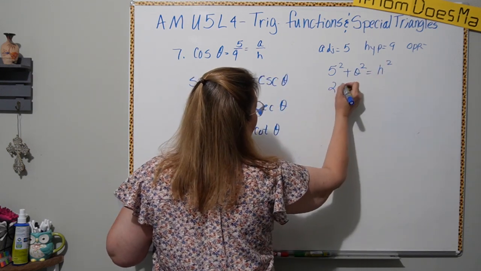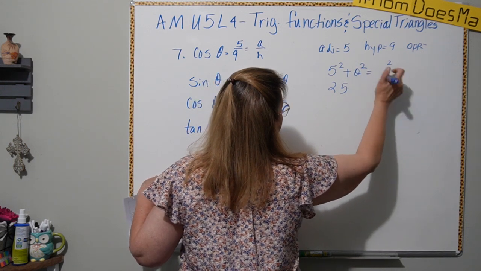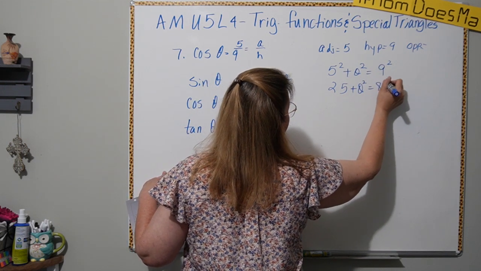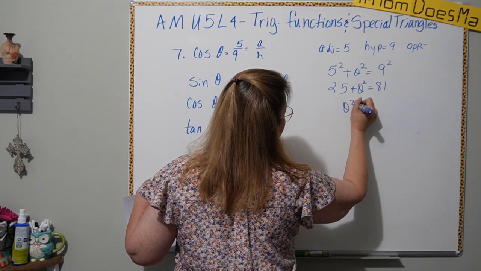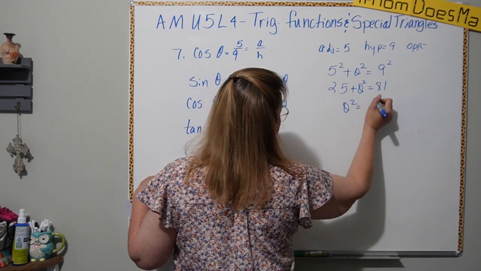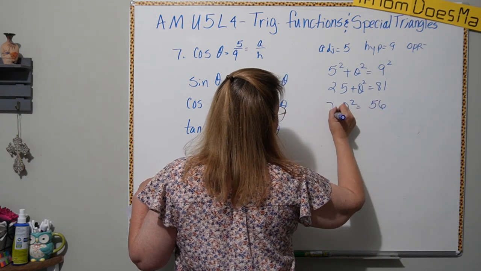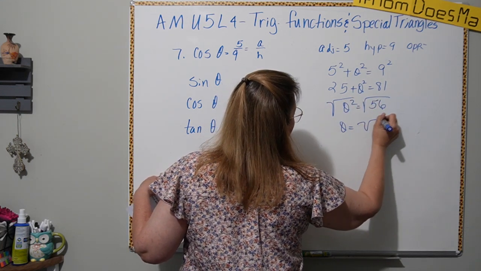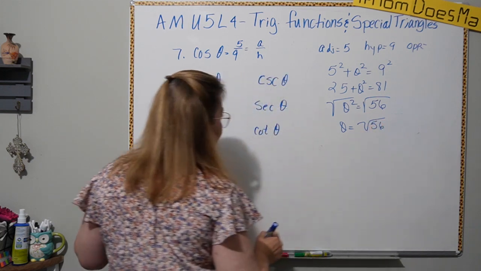All right, 25, oh, and I know what h is. 25 plus O squared is equal to 81. So subtract 25 from each side, and that's going to give you 56. And then we're going to take the square root of each side. All right. Now I need to simplify 56.